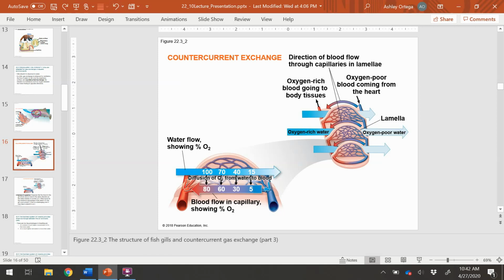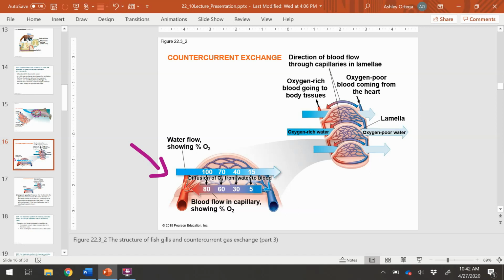And so looking at the reasoning, why would they flow in different directions, you might ask? That's to maximize the amount of oxygen that they can get from the water. If you look at percentages and numbers here in the bottom picture, you can see starting out in the water, the percent of oxygen is going to be the highest it can possibly be.